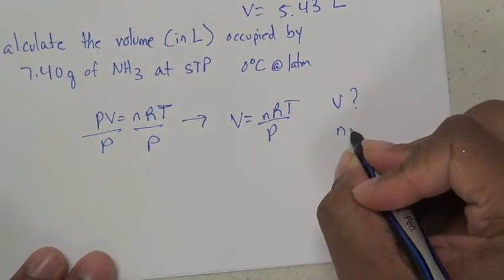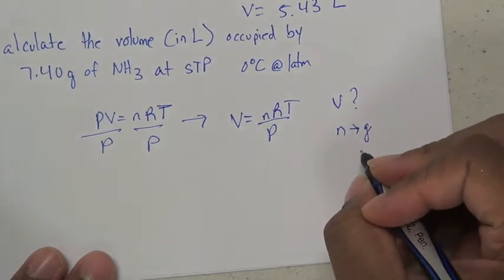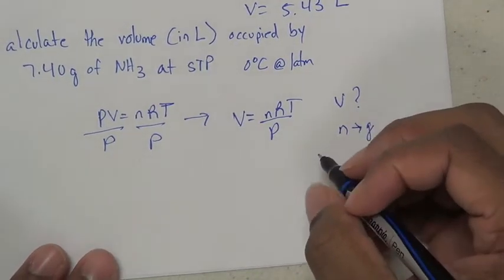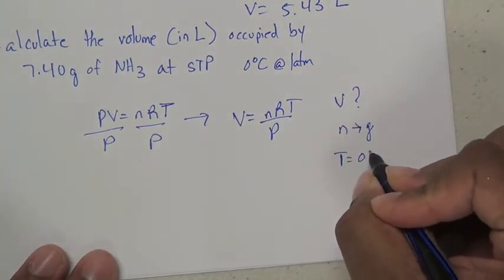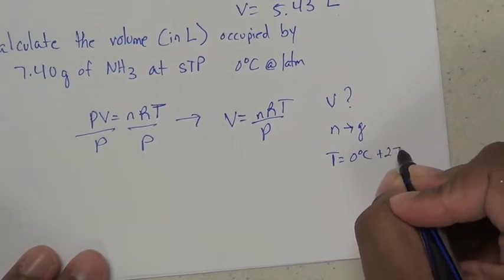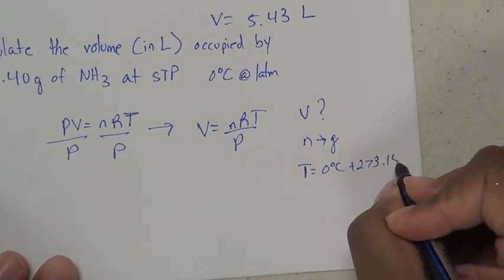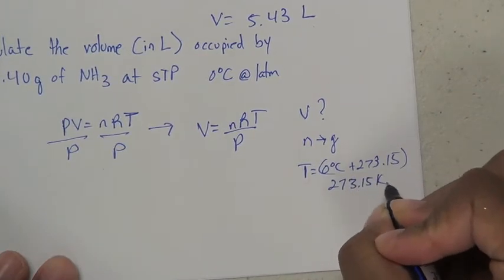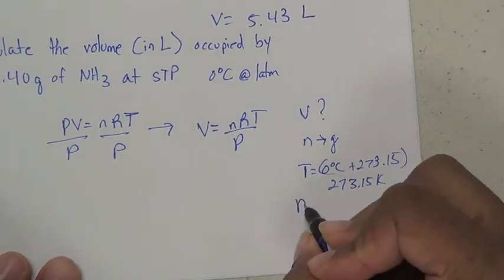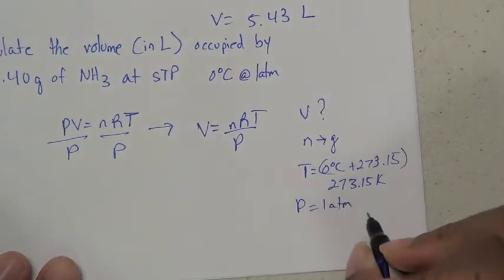Moles, we don't have, but we have grams. We have standard temperature and pressure, so our temperature is 0 degrees Celsius plus 273.15, so it's 273.15 K. And our pressure would be 1 atmosphere.